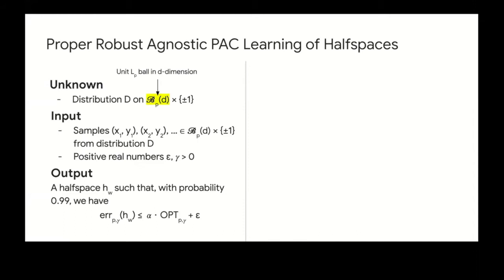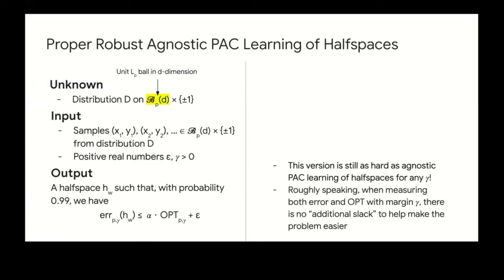It turned out that this is still not quite the right problem to study just yet. This second hiccup is a little bit more subtle, but roughly speaking, if we want our gamma robust error to be small, and we are comparing with the optimum gamma robust error as well, it turns out that there is not enough slack to make the problem easier.